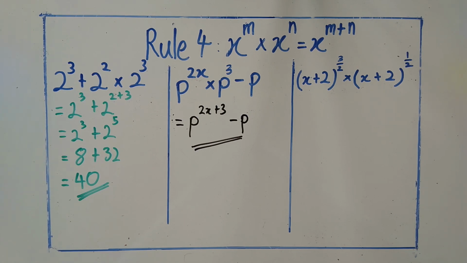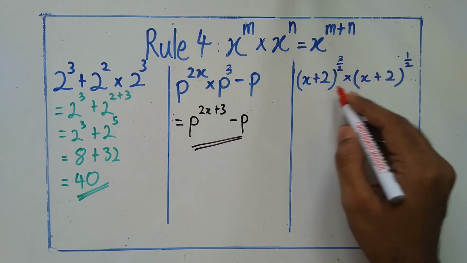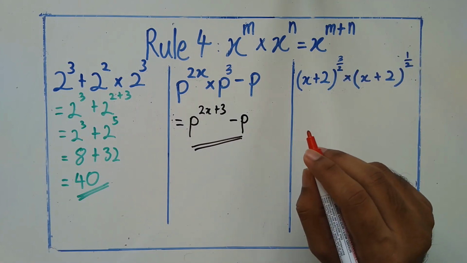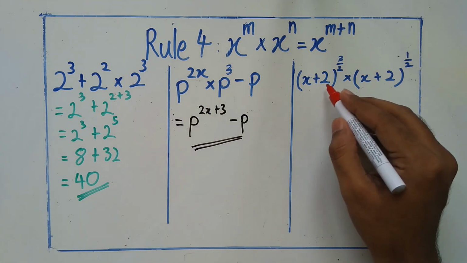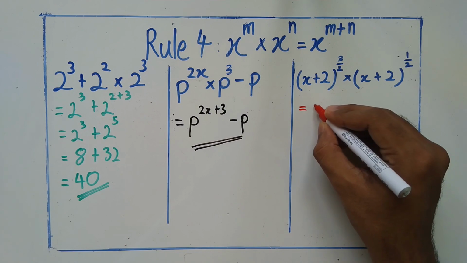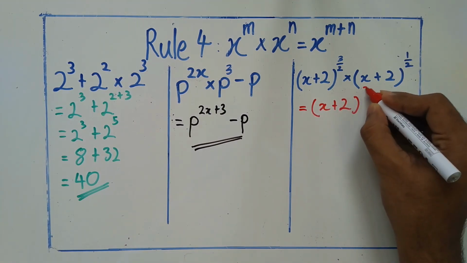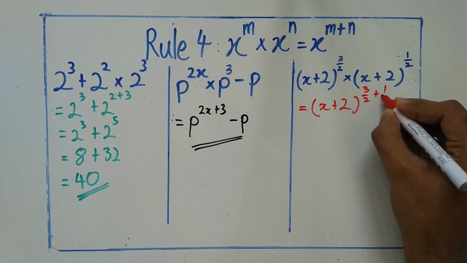In the third example, we can add fractional exponents together as the base is the same. This will result in x plus 2 squared. First we write the terms, add the exponents.